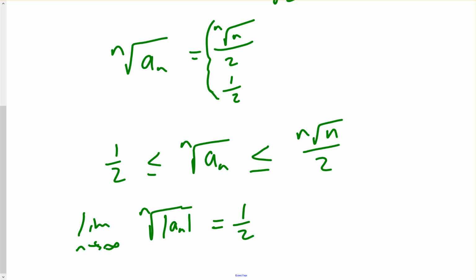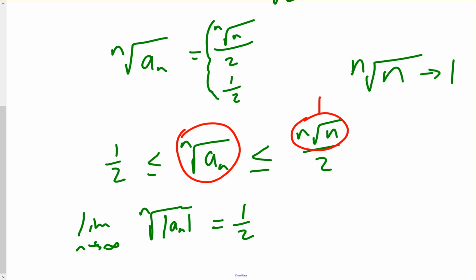One of the things we have to remember, back in section 10.1, we had those 5 or 6 popular limits. The limit of the nth root of n goes to 1. So this thing that we see here, that's going to be a 1. So based off of the sandwich theorem, we know that this is going to have a limit of 1/2.